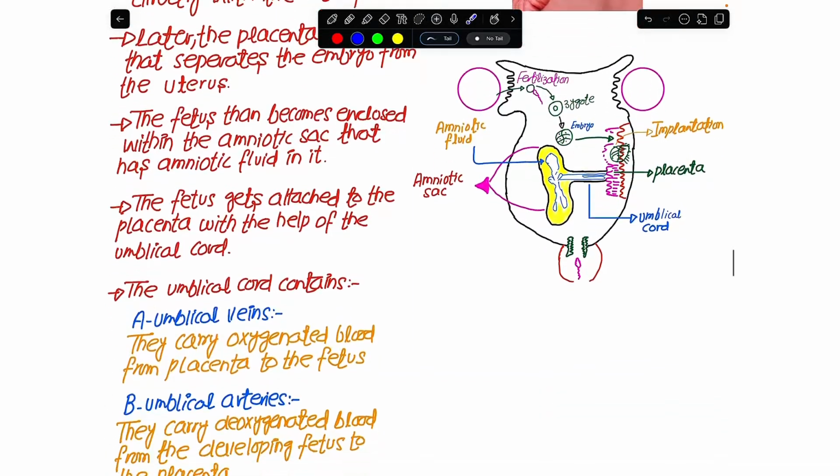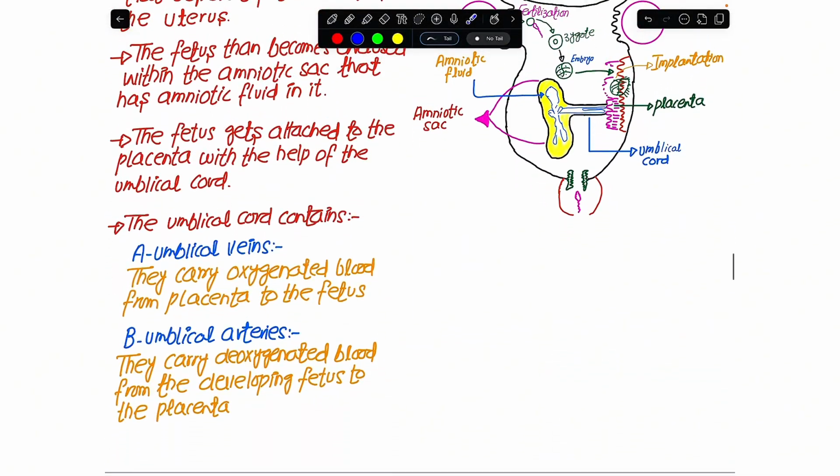So the fetus is now attached to the placenta with the help of the umbilical cord. This cord has two umbilical veins and two umbilical arteries. The umbilical veins carry the oxygenated blood from the placenta toward the fetus, and the umbilical arteries carry the deoxygenated blood from the fetus back toward the placenta or toward the mother's body.